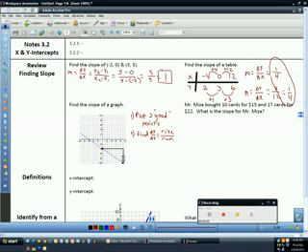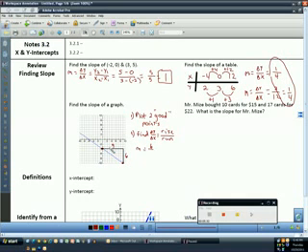Your vertical rise is 1, 2, 3, 4, 5, 6. So that is 6. And the run is 1, 2, 3, 4, 5, 6, 7, 8, 9.